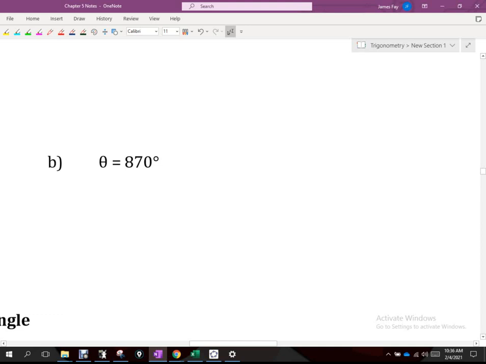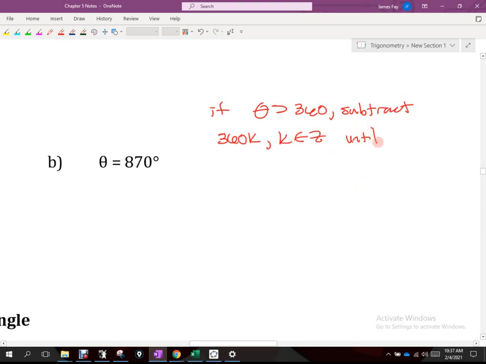Okay? Do I like an angle of 870 degrees? Why not? Yeah, it's too big, greater than 360. Okay? So if theta is greater than 360, you're going to subtract 360k, where k is an integer, until theta resides between 0 and 360.